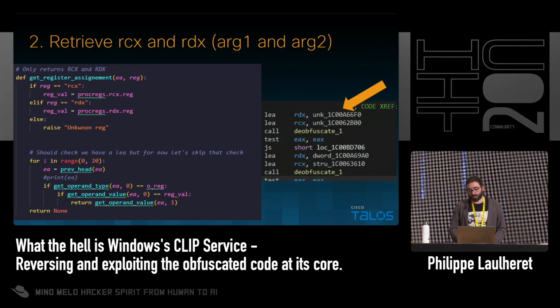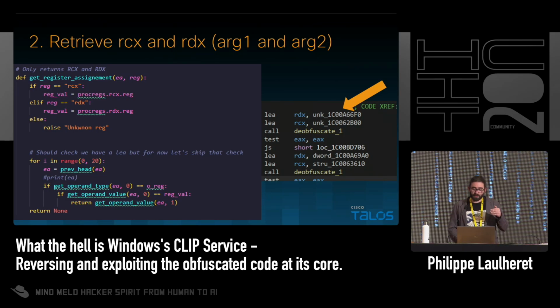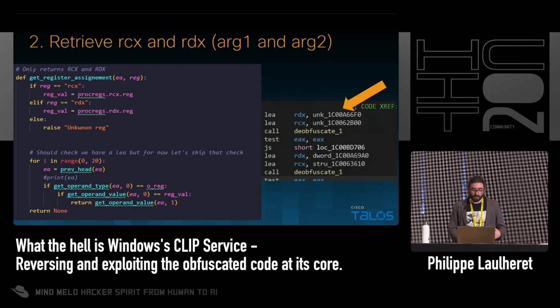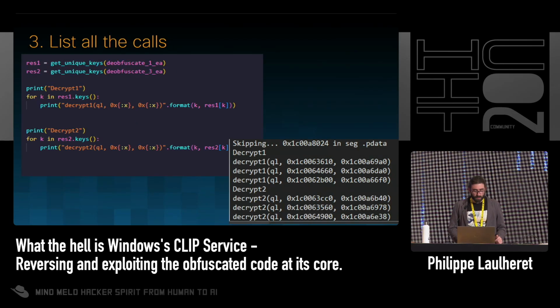If we look at the disassembly on the right, we can see that it's just putting addresses in RCX and RDX. So we can just walk back through the instructions using prevhead, which is an IDA API, and then retrieve the values that are being put there and log those. And then you can list all the calls, and I print them here.